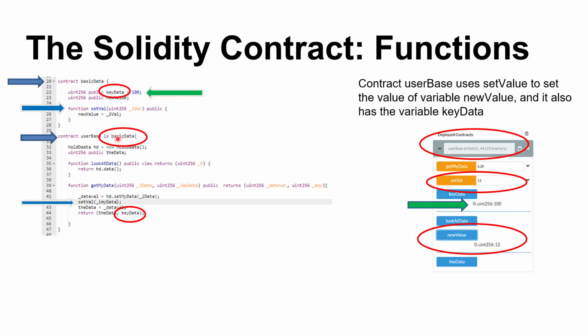So the user base is inheriting basic data. So everything we see now in basic data is available here in user base, plus whatever we define or declare for user base. So user base is almost a superset of basic data. And we can see over here, when we're running this contract, how the data is updated with all of the contracts.